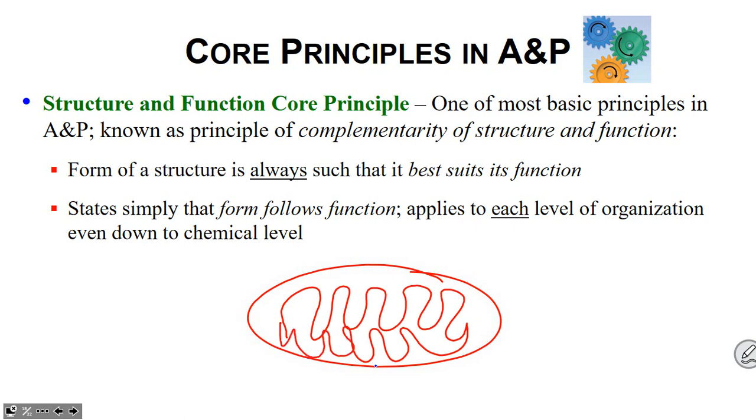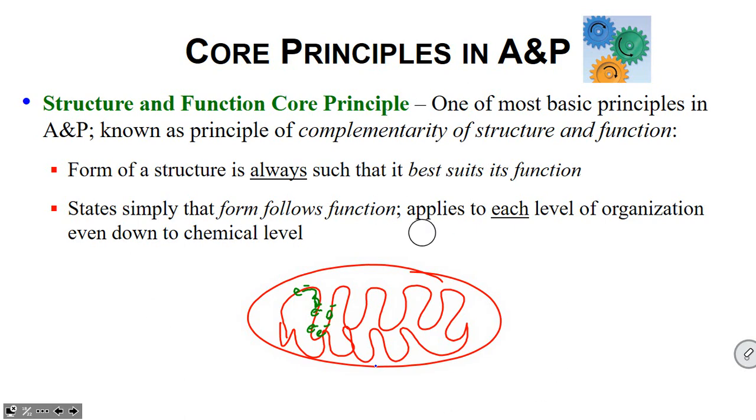Why? That structure best meets its function. This is where those little electrons were bounced around like little hot potatoes to make ATP. Well, the more folding you have, the more surface area you have, the more room you have to bounce those electrons around. So, core principle is form suits function to help us maintain homeostasis.